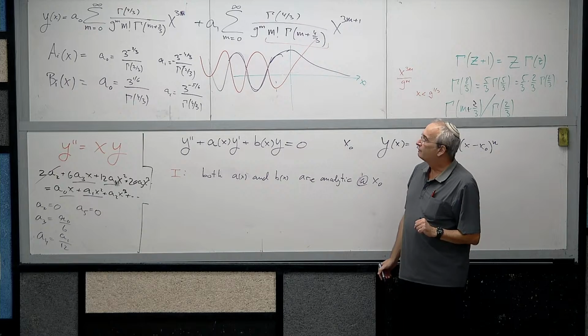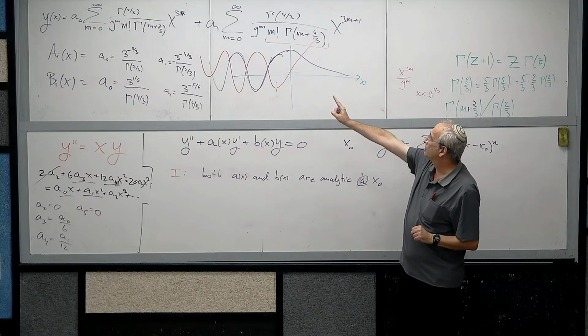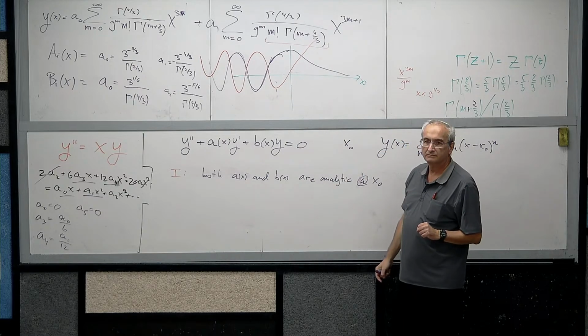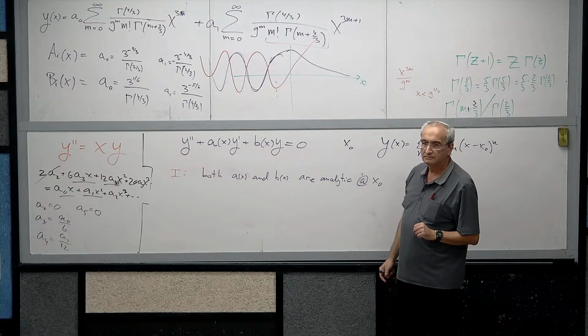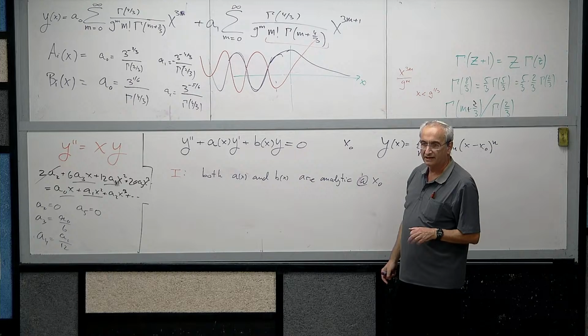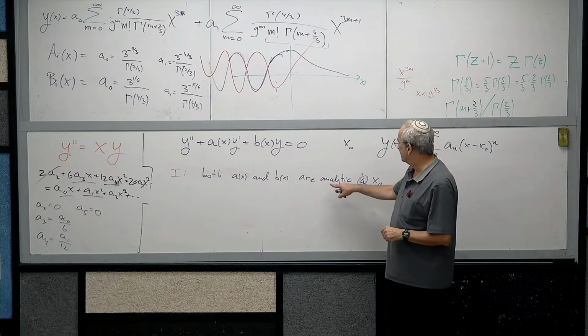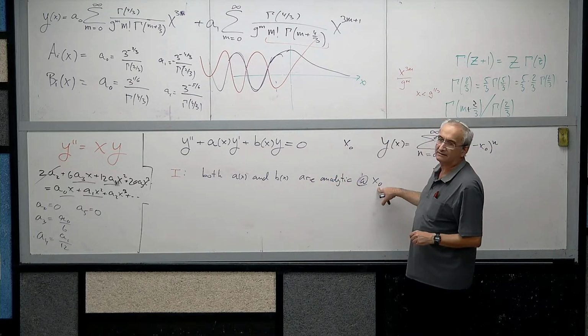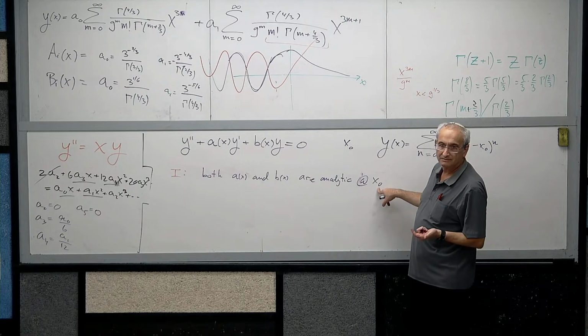You see? For example, in the Airy equation, what was a? This is 0. What was b? Minus x. And both a and b are analytic at 0. You see? Very simple.